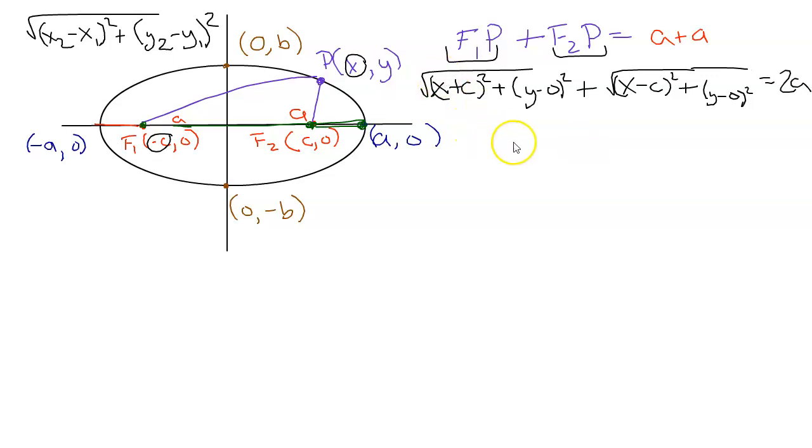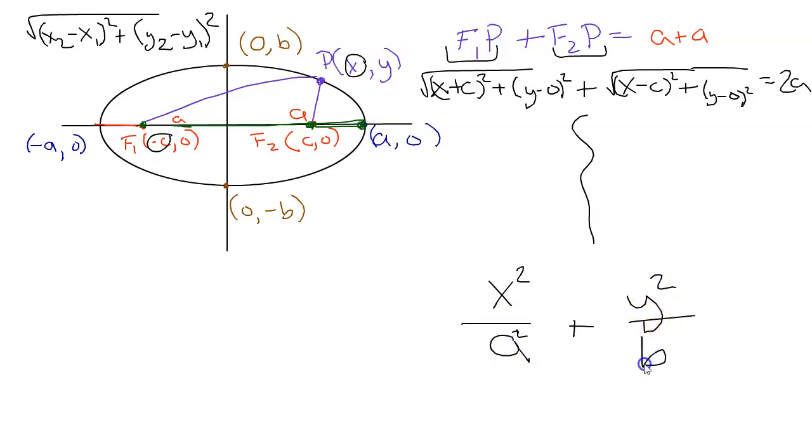When you go through, there's a lot of squaring and factoring, but taking the fact that this first distance plus this second distance equals 2a, you can actually go through and eventually it becomes the formula for an ellipse, x squared over a squared plus y squared over b squared equals 1. And this is the most convenient formula for an ellipse centered at the origin. We're not going to work with ellipses centered anywhere else.